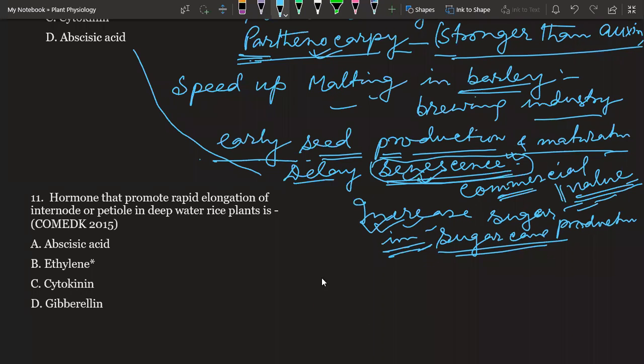Next is another hormone that shows internodal elongation.